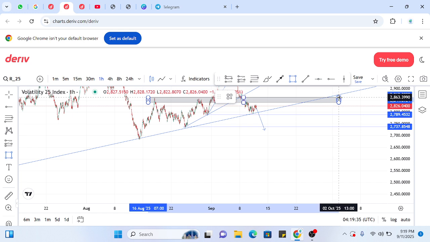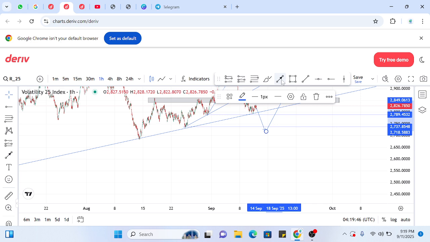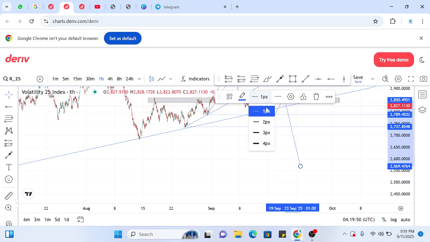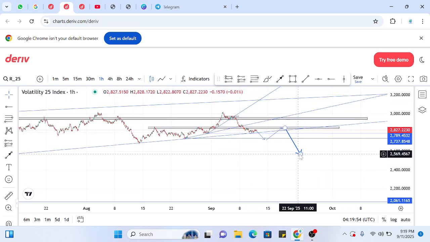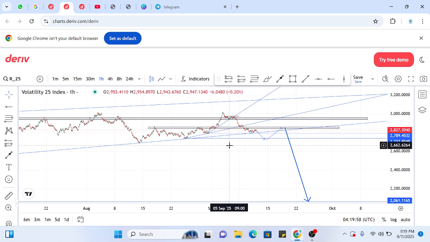So when price does that, we will want to see the market break this zone, which means it's breaking into our trend line, then give us a retest to this area of interest, and then price dropping to the downside.